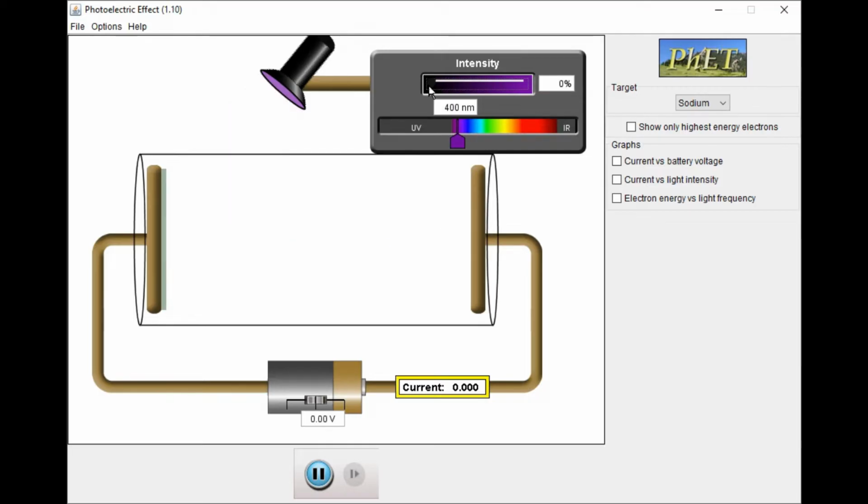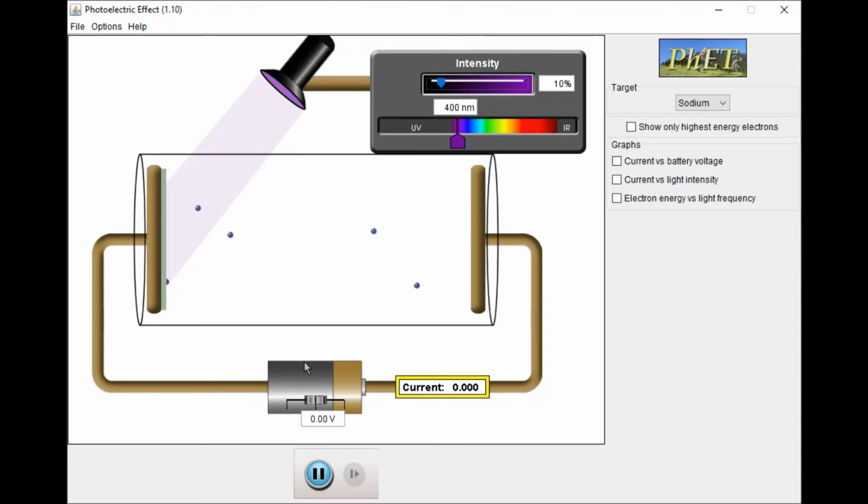Starting off with the intensity at 0, there's no light coming off of the lamp, so there shouldn't be any electrons coming off of the plate, right? Because there's no light incident on the plate. But the moment I turn up the intensity, electrons from this metal plate can be ejected by this light, and we're seeing some of those electrons come off.